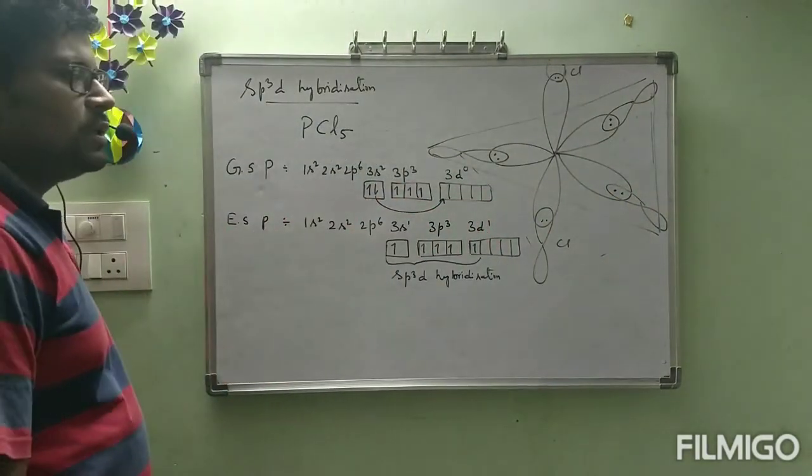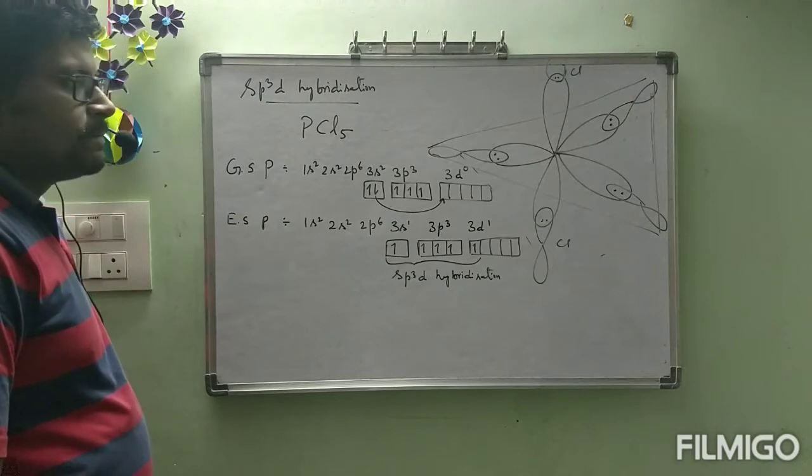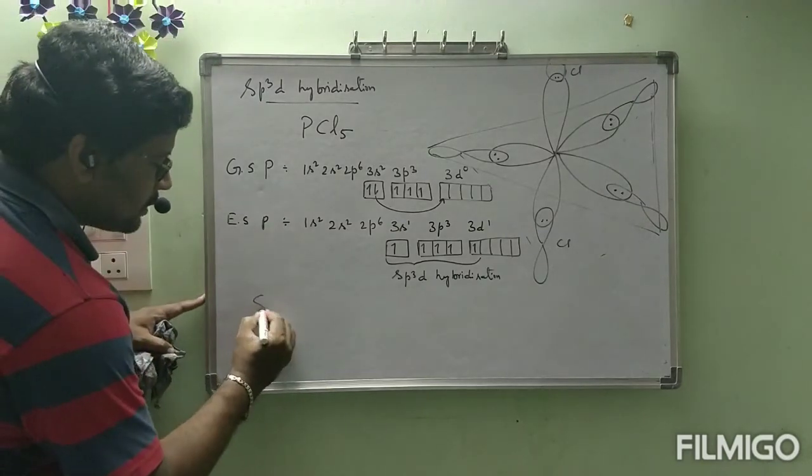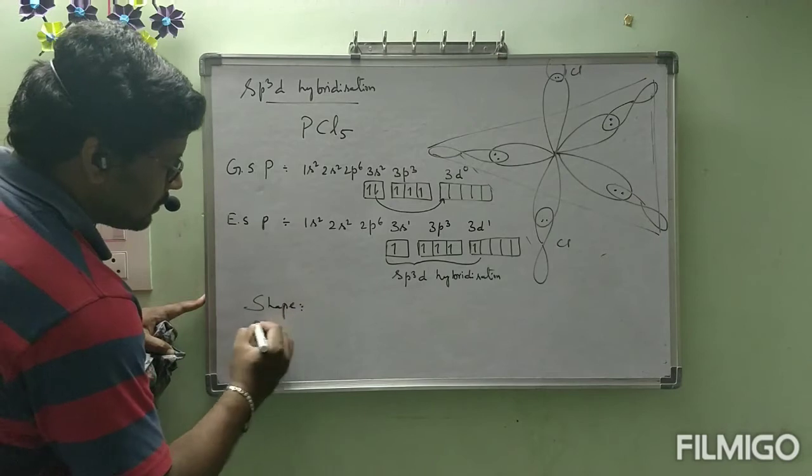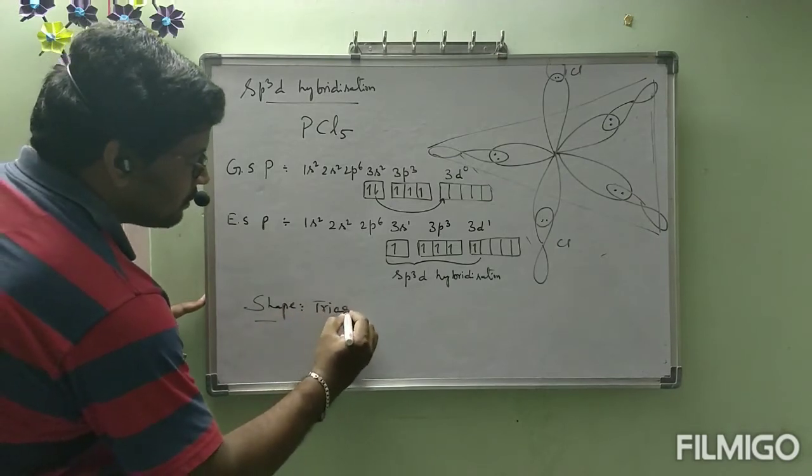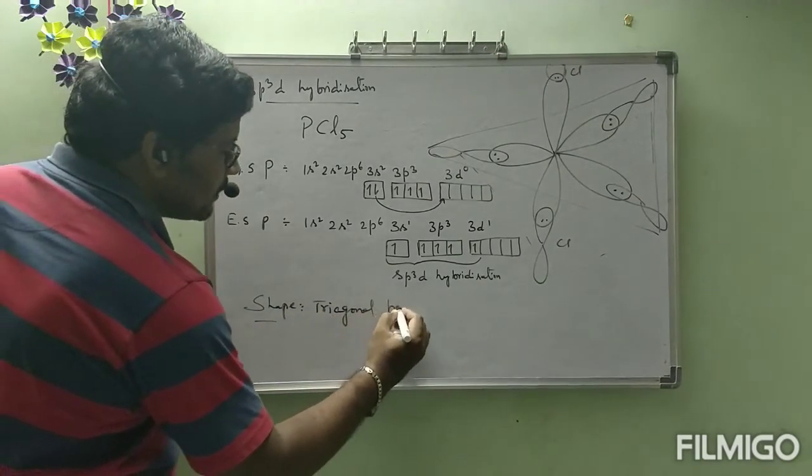Like this you can draw on the board in your notes. Now the shape I am writing here: trigonal bipyramidal.